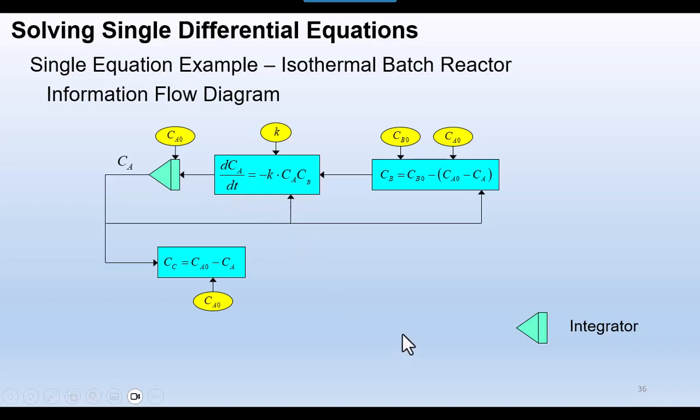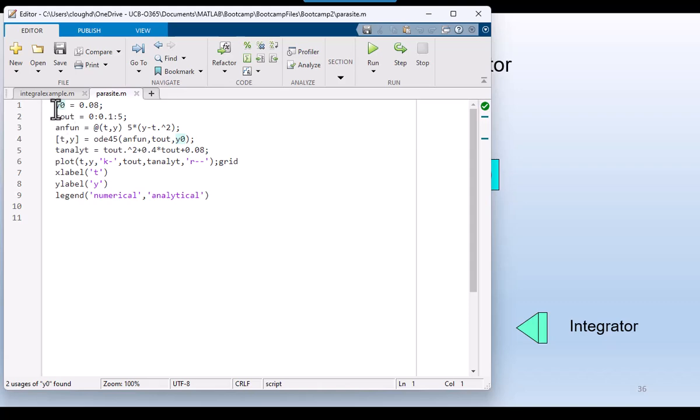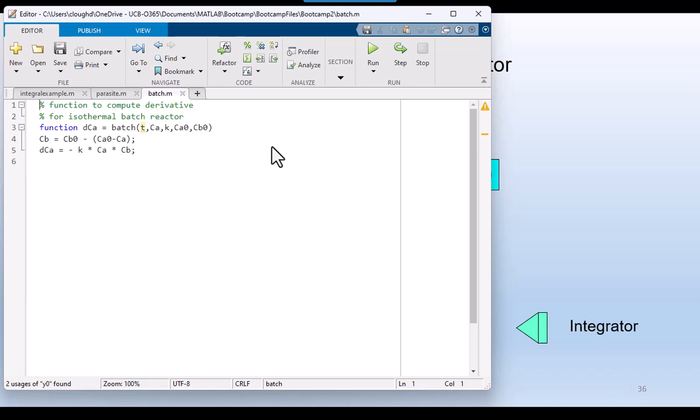So now what we want to see is how we go about doing that with MATLAB and with the ODE45 routine. So let's come back to our editor and let's bring up a file called batch. This is a function that computes our derivative.